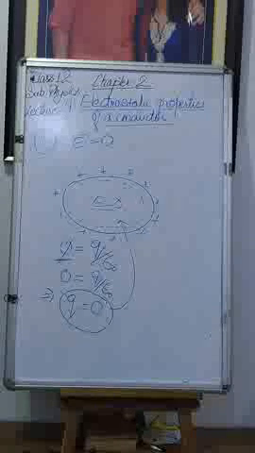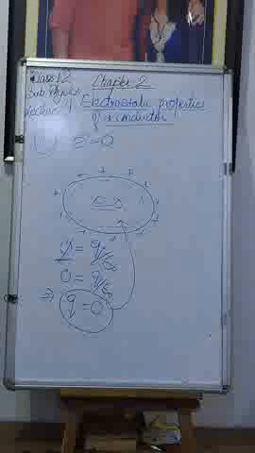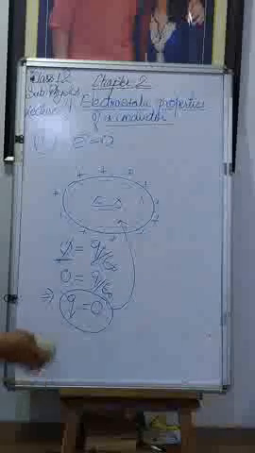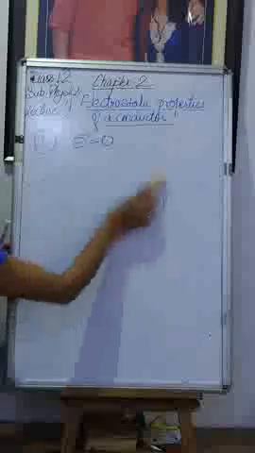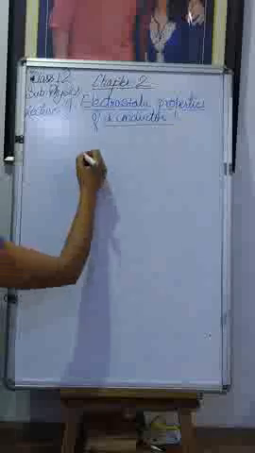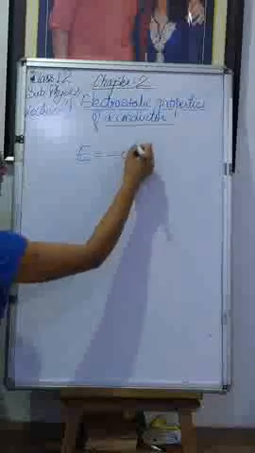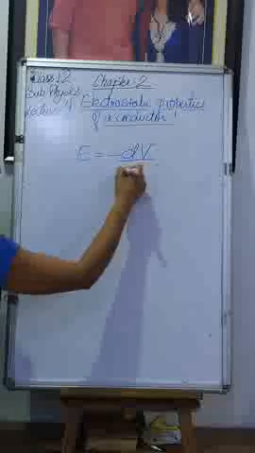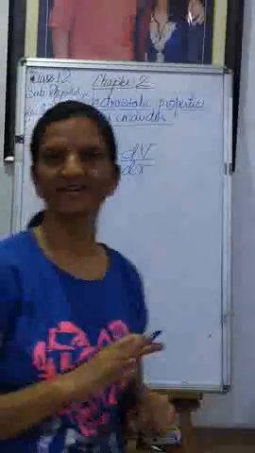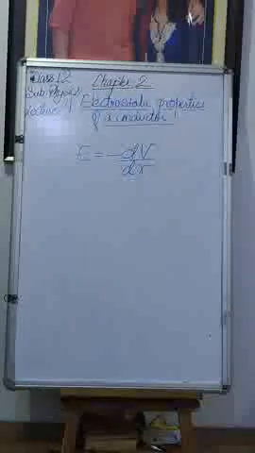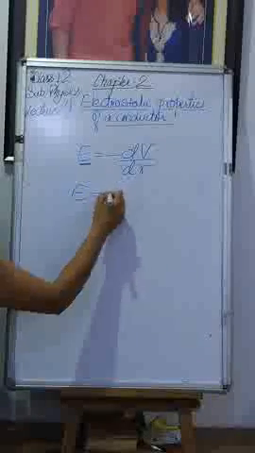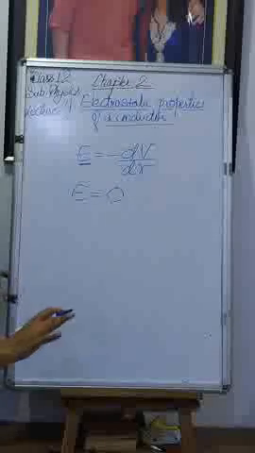Another property of conductors placed in an electric field is that potential is constant within and on the surface of a conductor. For that, you have studied that the electric field is the negative of the potential gradient: E is equal to minus dV upon dr. We have already studied that the electric field inside a conductor is equal to 0.